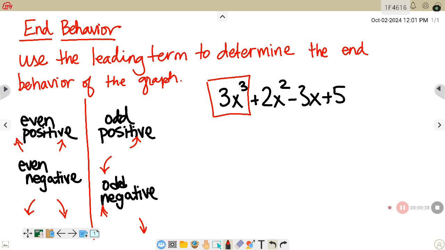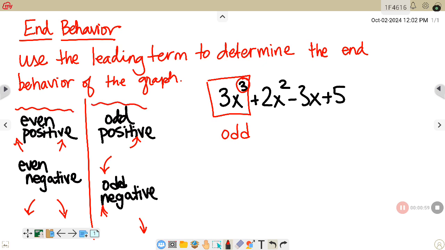So what you're going to do is determine whether the exponent is even or odd. The number 3 is odd, so I am going to have an odd. That puts us on this chart over here. You'll notice that all of them in this first column are even.